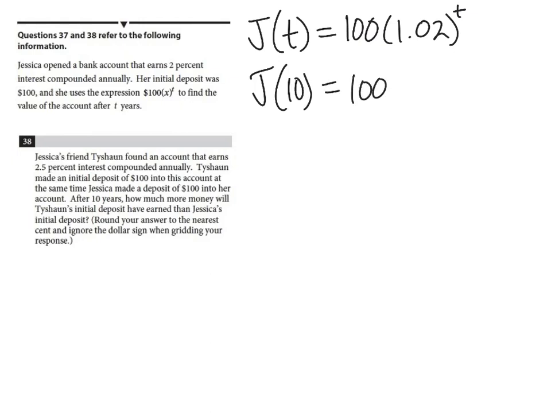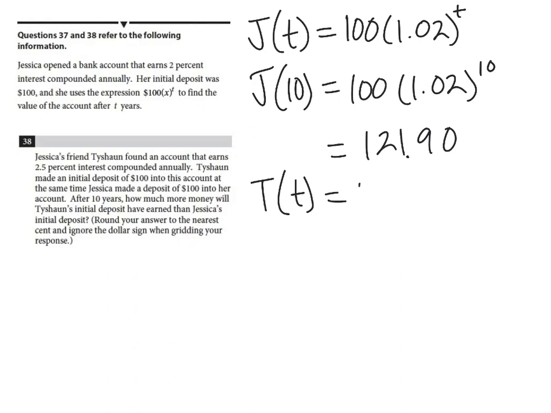So we want 100 times 1.02 raised to the 10. Okay, well now I'm going to pull out my calculator because I'm not good with decimals and powers. So let's see. We've got 100 times 1.02 raised to the 10th. Okay, so Jessica will have earned $121, and it looks like I'm going to round it to the nearest cent. It's 90 cents.